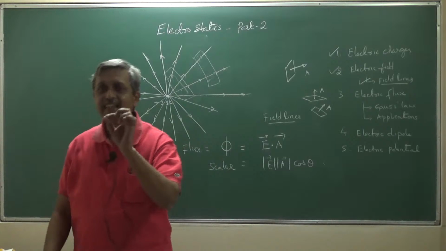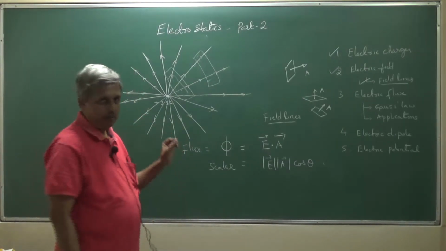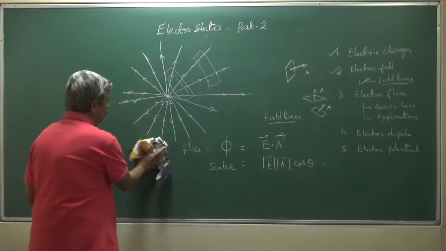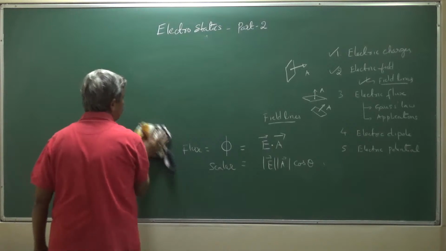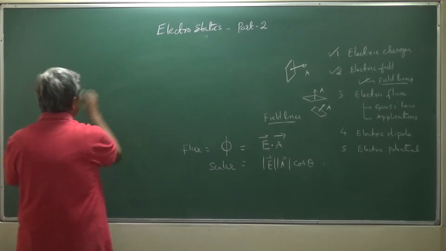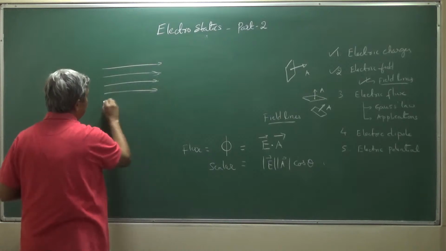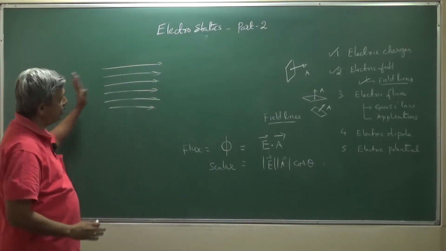This is the only slightly tricky part, so I will explain it in a diagrammatic way for you to understand. Let us say this is my flux. In our case it's a parallel flux.